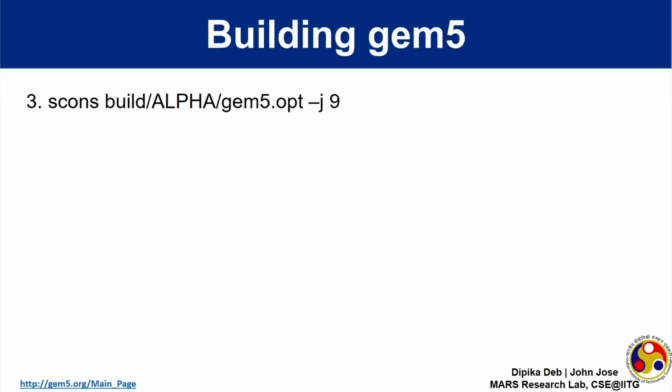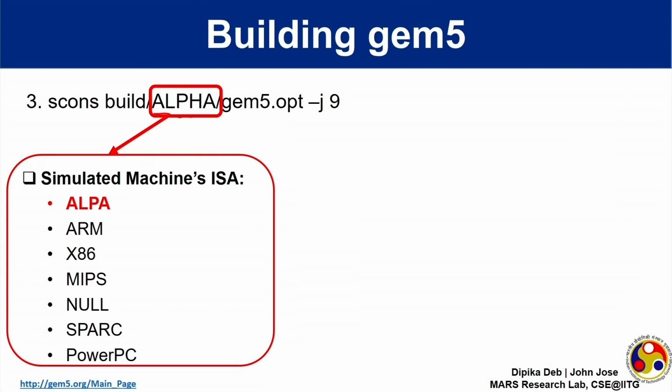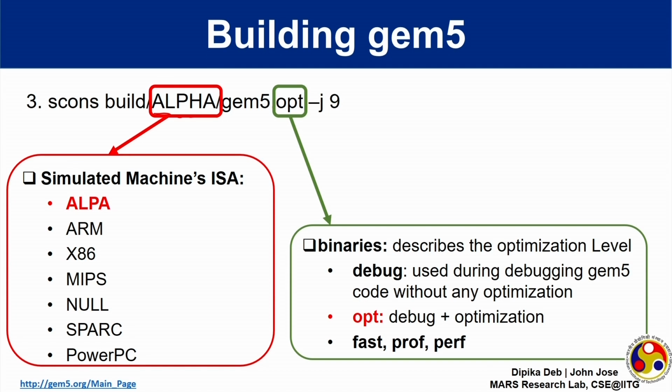This is the build command, where the instruction set architecture used is Alpha. Throughout our simulations and assignment, we will use the Alpha instruction set architecture. So, this is the simulated machine's instruction set architecture, and in gem5 there are several other ISAs available, that is Alpha, ARM, x86, MIPS, NULL, SPARC and PowerPC. gem5.opt is the binary that is commonly used when working with gem5.